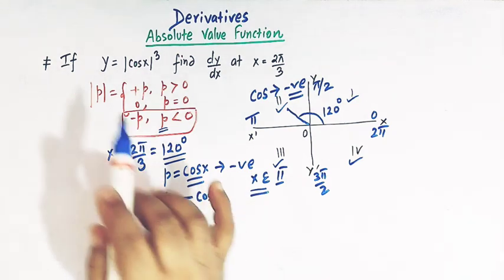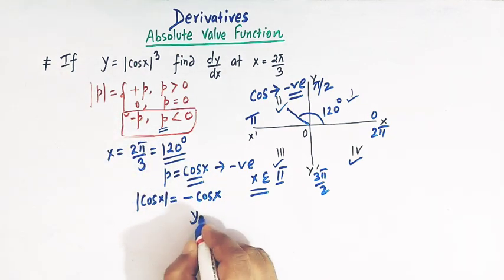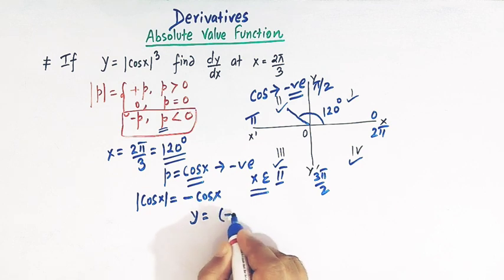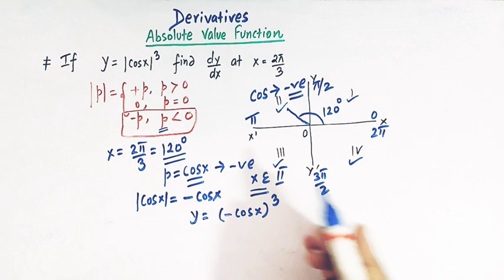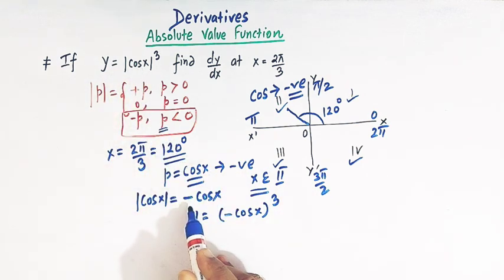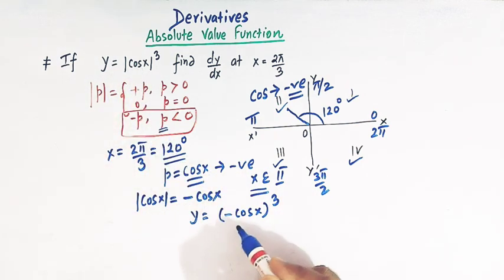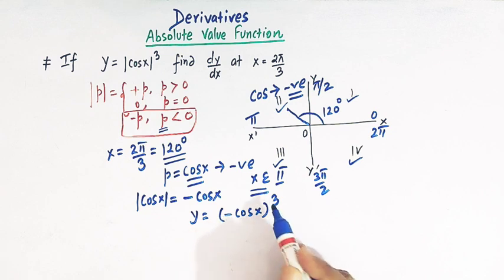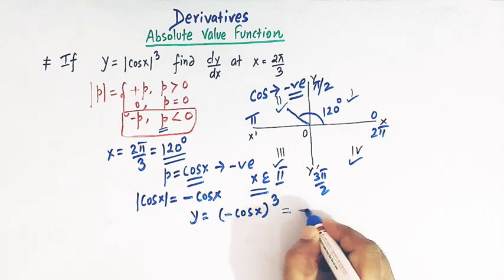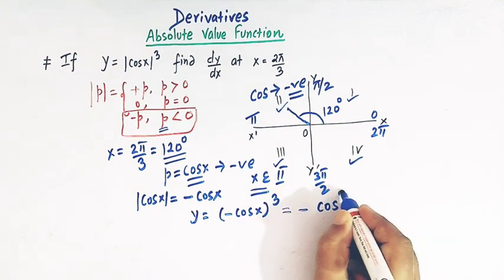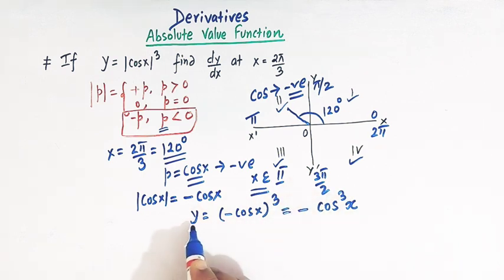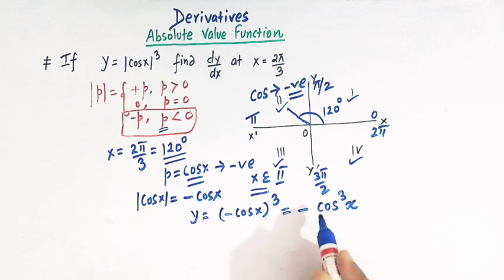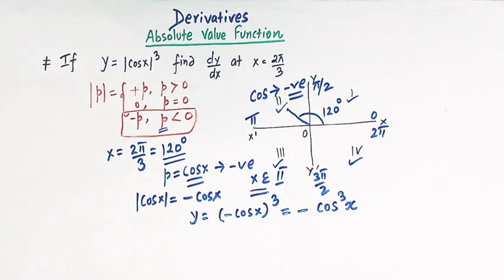So this function y can be written with mod cos x replaced by negative of cos x, and here we have cube, so we have cube of negative of cos x, that is the negative of cos cube x. So now our modified function is y is equal to negative of cos cube x.